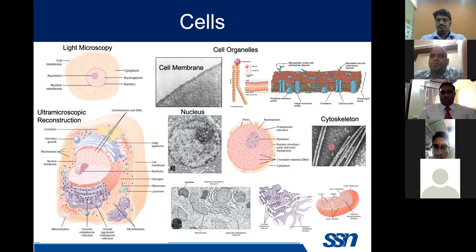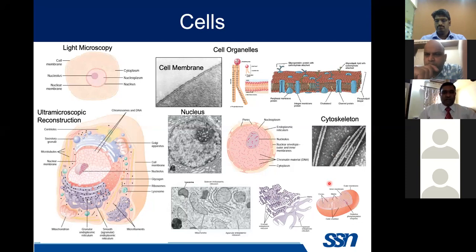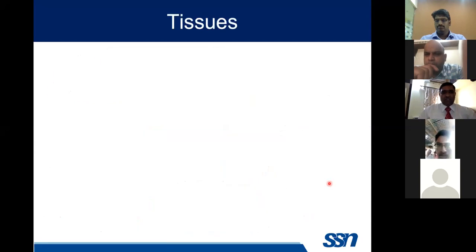We have cytoskeletal elements, which give shape to this cell. Then the rough endoplasmic reticulum and smooth endoplasmic reticulum. Rough endoplasmic reticulum is a site where proteins are synthesized, and the mitochondria is where ATP is generated, which is the currency of the cell, the energy of the cell.